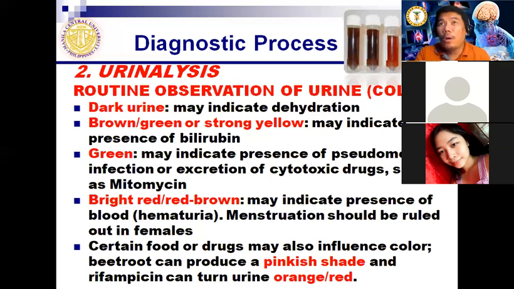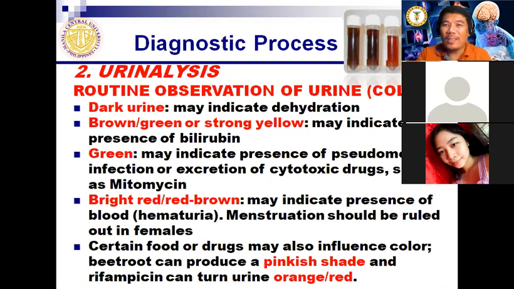For example, if there is green, Pseudomonas, so check the client for urinalysis. Check the client for possible pneumonia. Check if the client is taking mitomycin. If you have observed that there is dark urine, ma'am, check for signs of dehydration. So nurses will become more confident. Next, your urine is color orange.